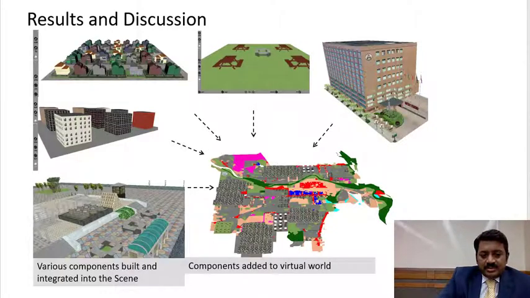So the different elements, including the buildings and the other elements of the urban infrastructure, are added to the virtual world, as you can see here. And then the 3D virtual world thus generated can be navigated and can be interacted with. Changes can be made, and these are accomplished using the software and the hardware components mentioned earlier.